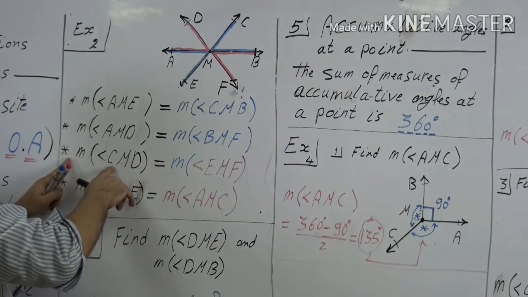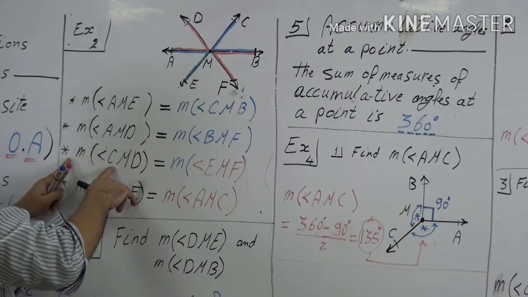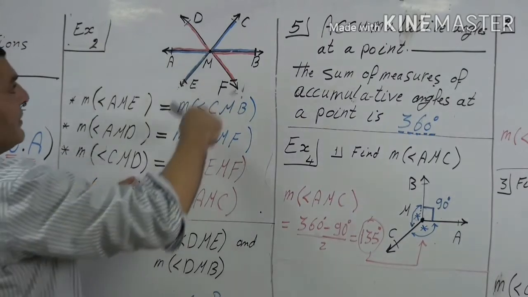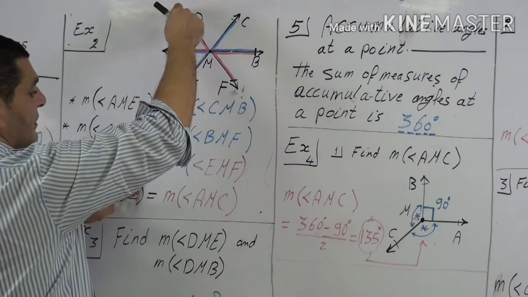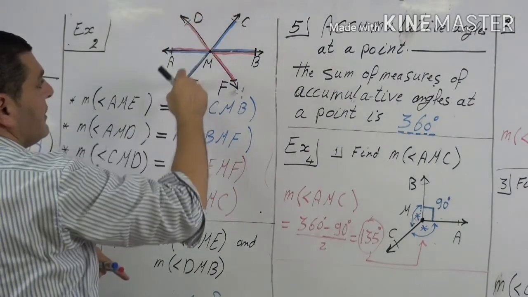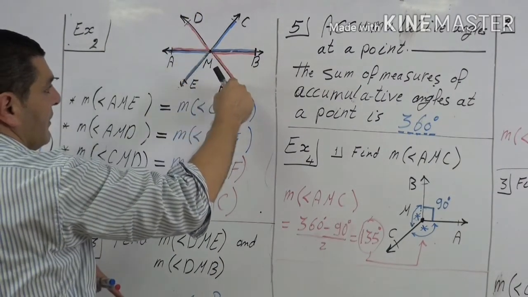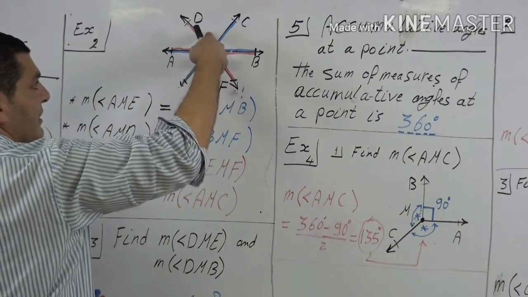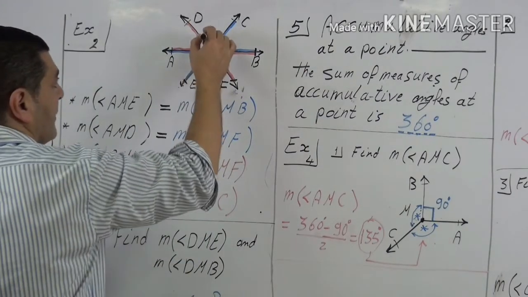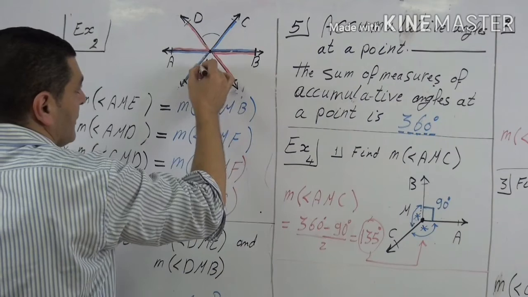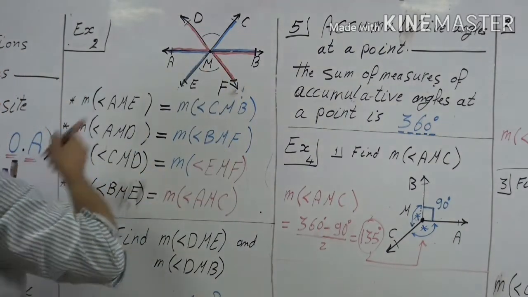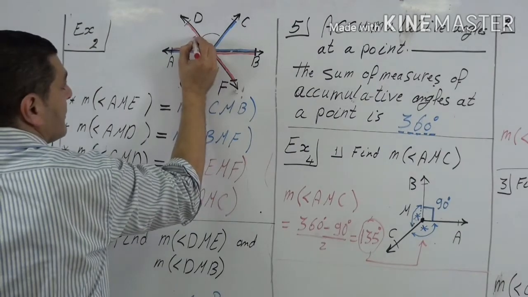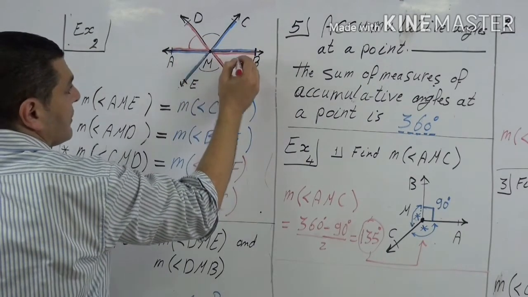Measure of angle CMD equal measure of angle EMF. CMD equal EMF. This one equal this one. Also this one equal this one.